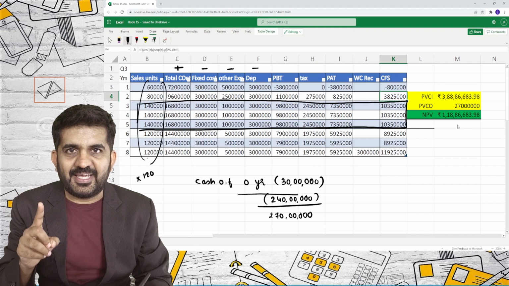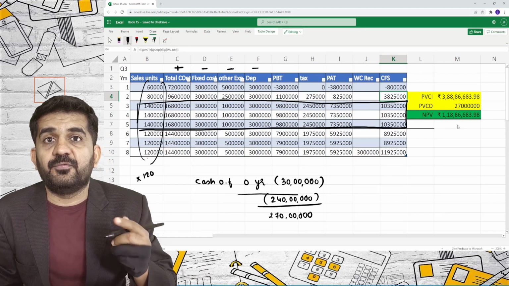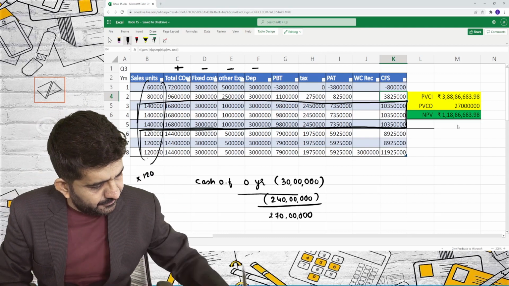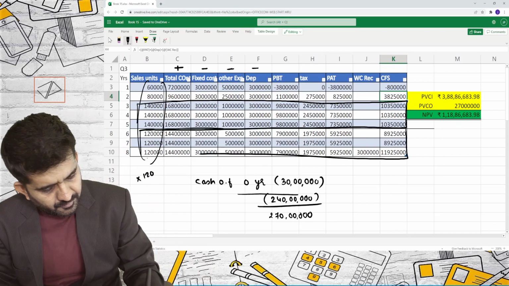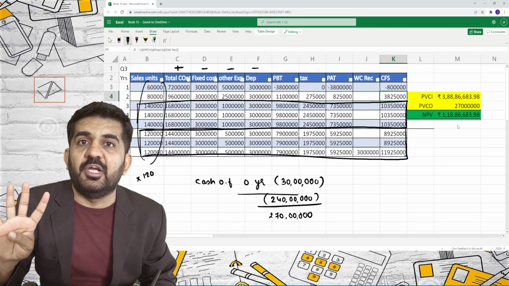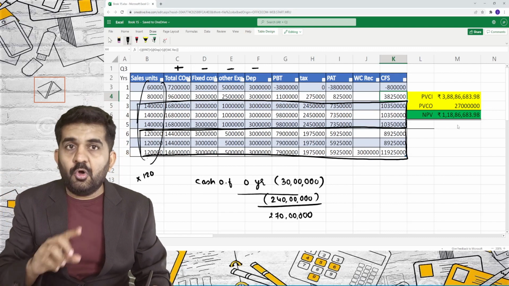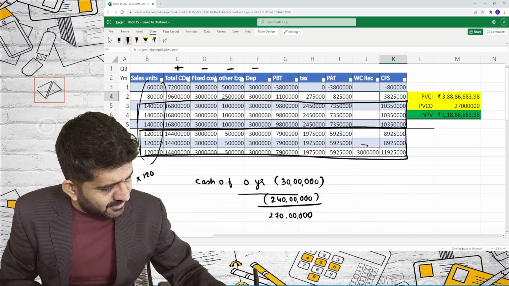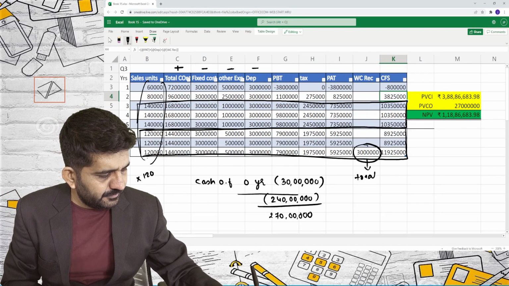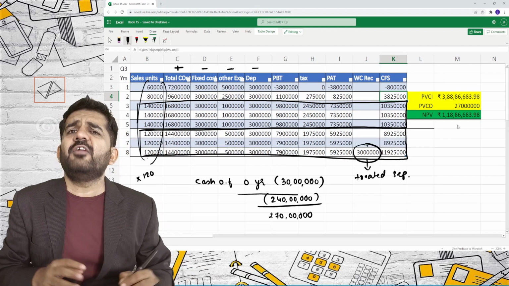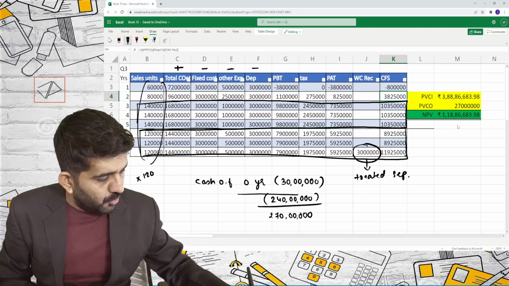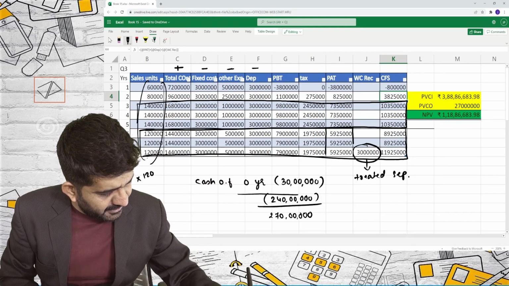First year, second year, third, fourth and fifth will be my third column, and 6, 7, 8 will be my fourth column. So instead of 8 columns, I'll prepare only 4 columns. Also, in the 8th year, there is this cash inflow, which should be treated separately. You can find the present value of this 8 lakhs and add it to your present value of cash inflow. Otherwise, all these figures remain the same.